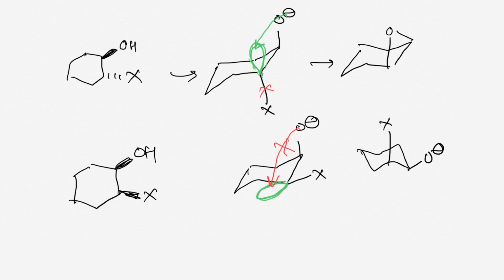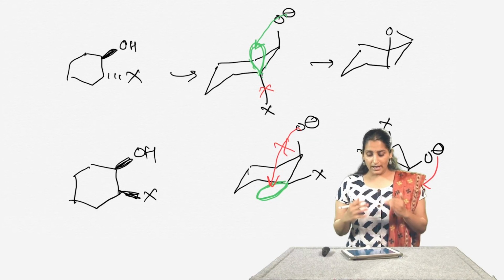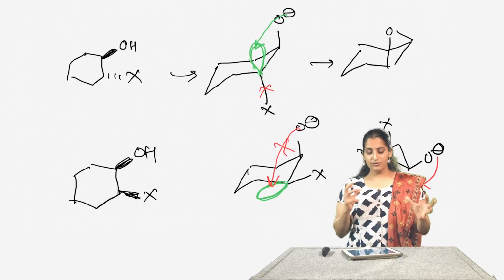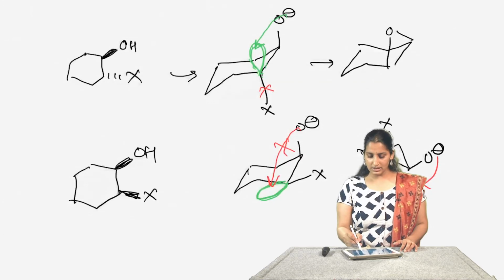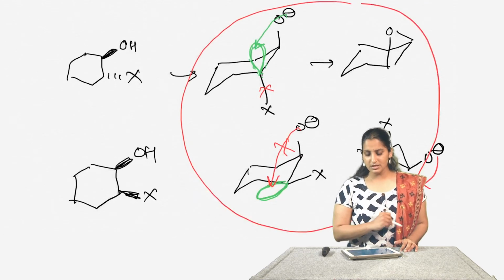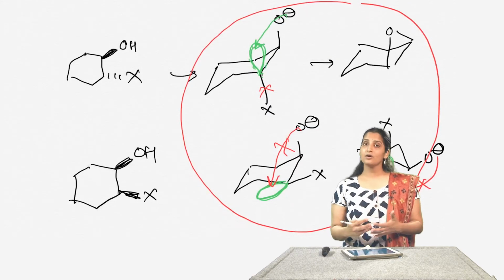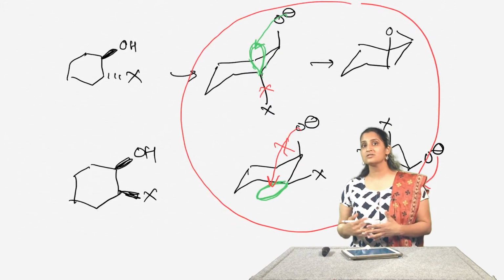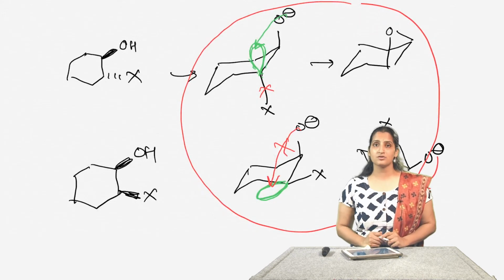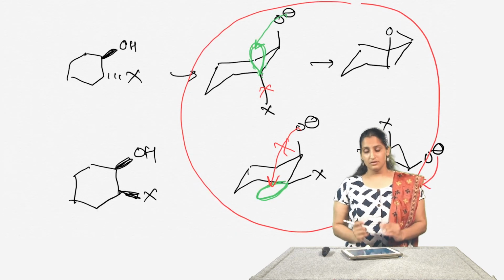Again, the anti-bonding orbital of the carbon-halogen bond is somewhere here, and this oxygen really cannot put electrons in that particular anti-bonding orbital. So, as you can see, depending on the kind of conformation, these structures I have drawn here are conformations. In this chapter, we are going to do a thorough analysis of cyclohexane chair structures, and you will be able to draw these structures after we are done with the chapter.